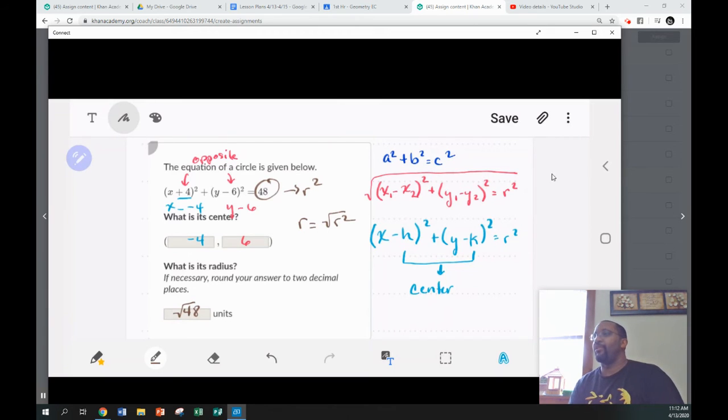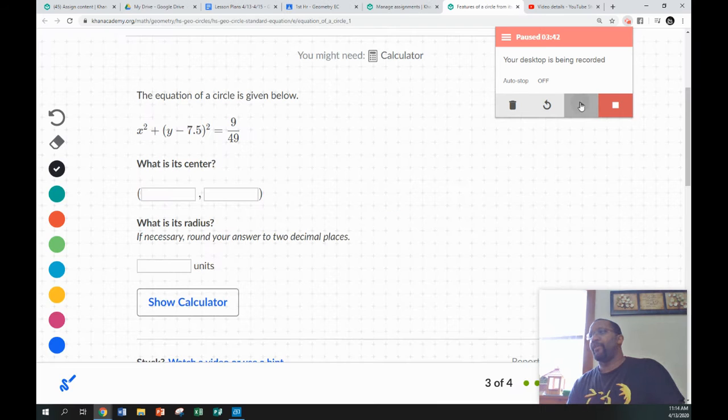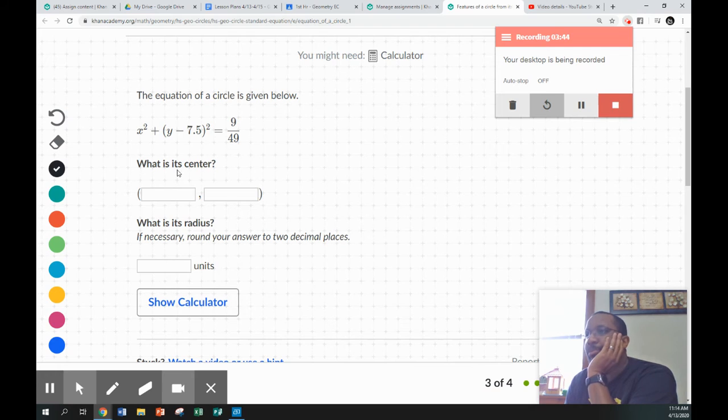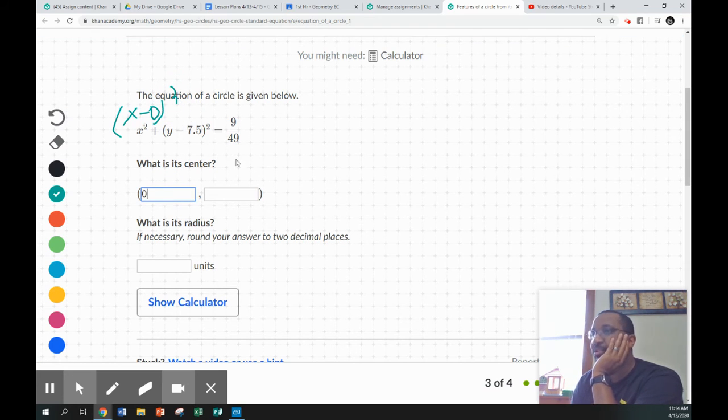Let's see if I can do a practice question on here. All right, here's another example. What is the center? You see this one that's just x squared. I could think of that as x minus 0, all of that squared, so the x-coordinate is 0.